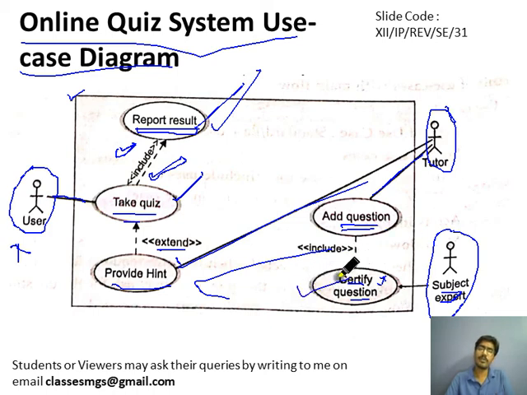Certification of the question can only be done after the addition. If the tutor doesn't add the question, then which question will the subject expert certify? That's why it is shown as an include relationship, because add question is done first, then only can the subject expert certify the question. After it is certified, it will be displayed in the quiz, and the quiz can be taken by the user. This is how this use case diagram can be constructed.